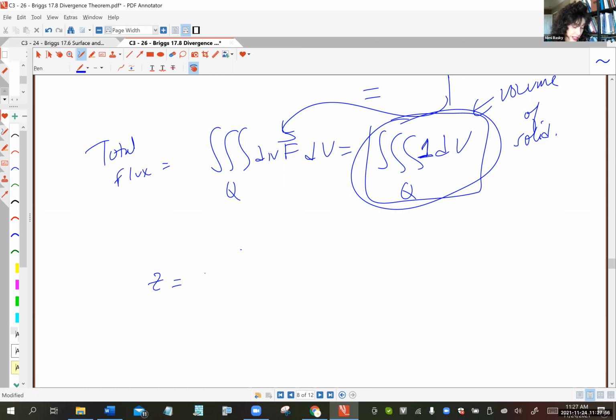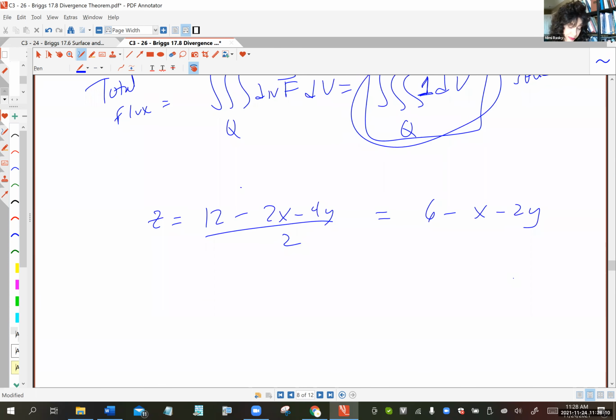So z looks like, after I start subtracting some of these terms and then dividing by 2 and reducing, 6 minus x minus 2y. Okay, so then in the xy plane, if we're going to look at the trace, set z equal to 0.